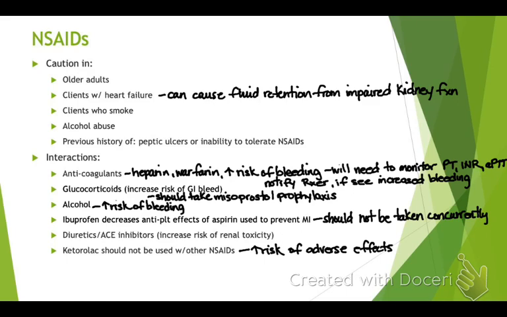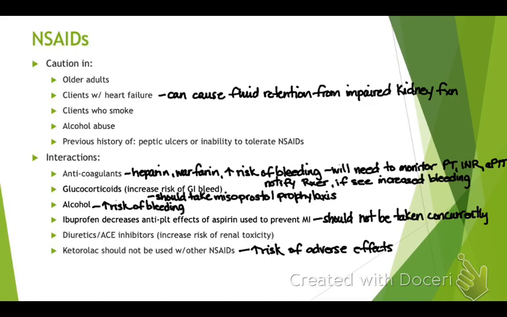Patients who are on any glucocorticoids do have an increased risk of GI bleeding as well. So they should take the misoprostol prophylaxis in order to help prevent that increased GI bleeding. Patients who abuse alcohol or are taking alcohol, again, they also have an increased risk of bleeding from the NSAIDs.